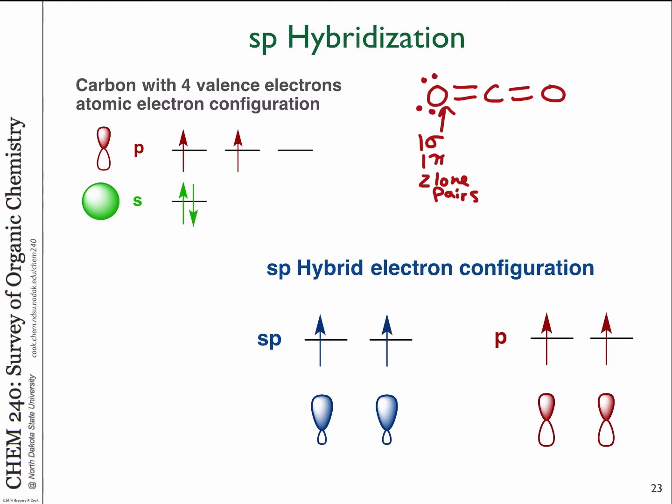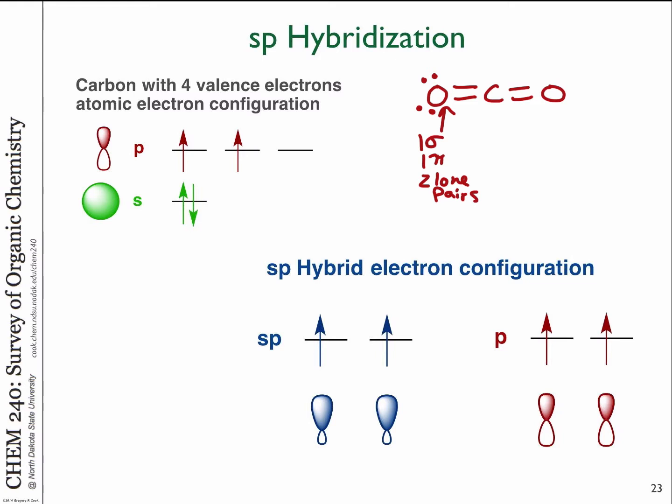So the sigma bond is from a hybrid orbital. We talked about the structure of oxygen, of water, and of ammonia. Where do we put those lone pairs? In what kind of orbitals? Hybrid or atomic? What was the structure of water? Tetrahedral, right? sp3 hybridized.